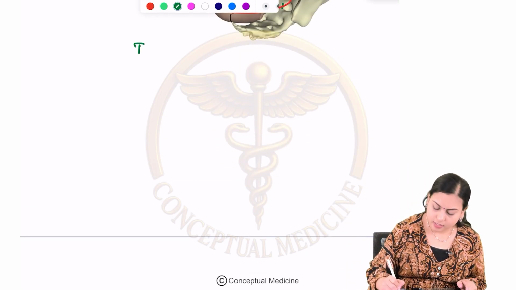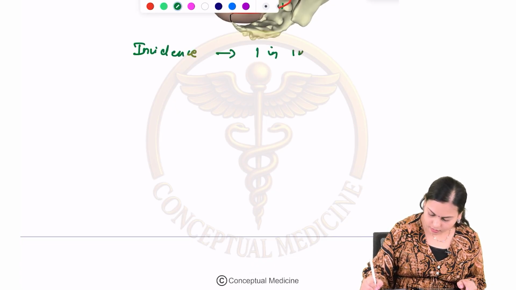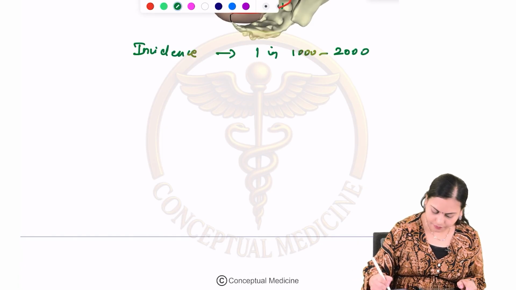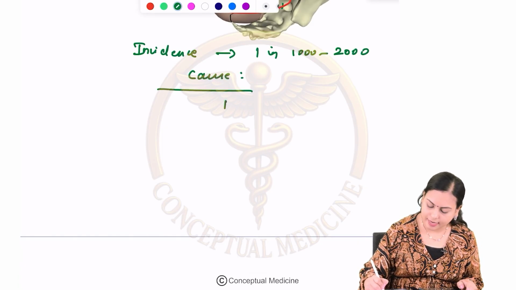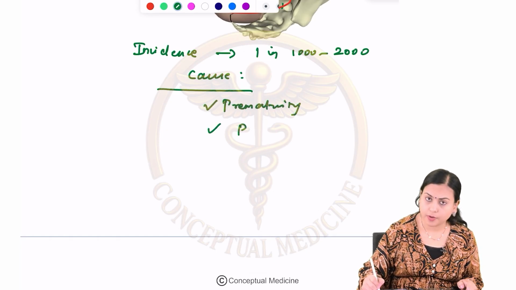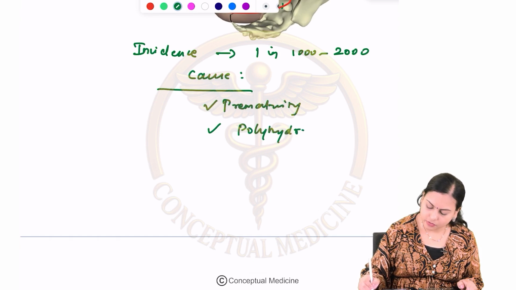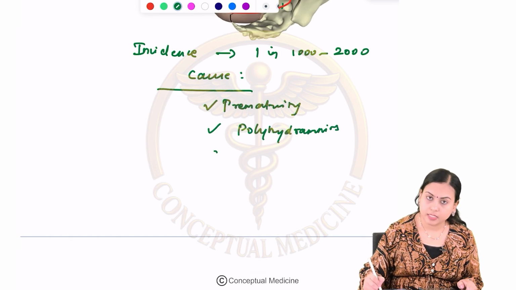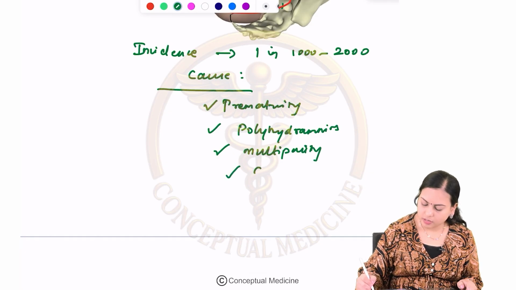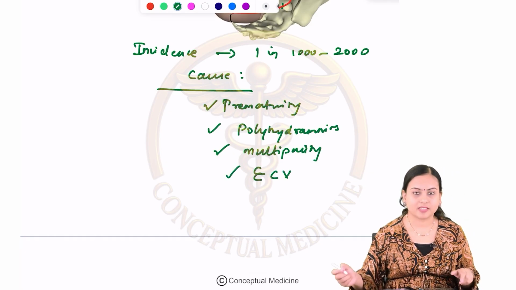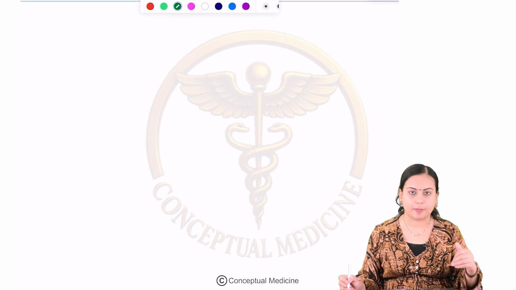The incidence of compound presentation is 1 in 1000 to 2000 deliveries, and the cause is again prematurity, which is the most important cause, followed by polyhydramnios or multiparity, or even when you perform external cephalic version, this can happen, right?